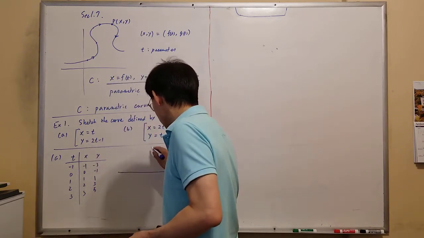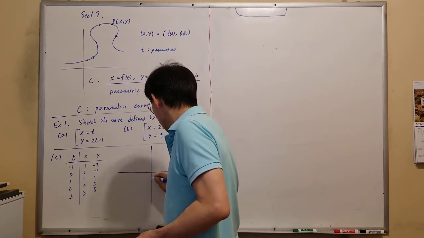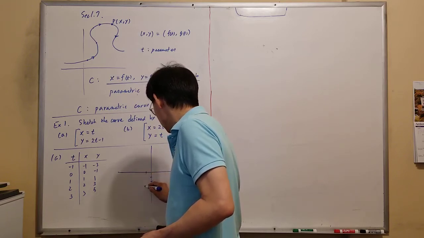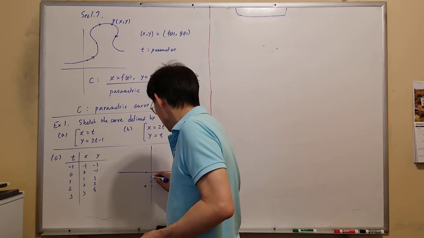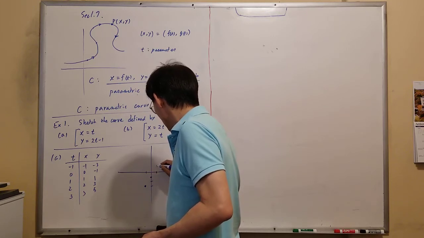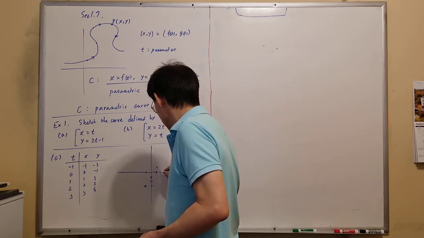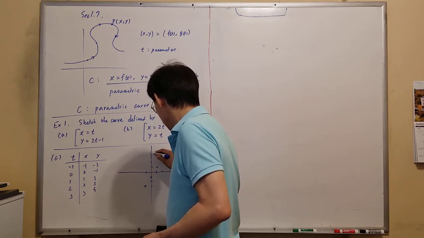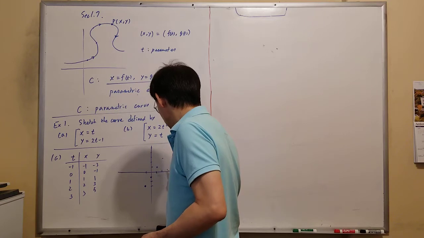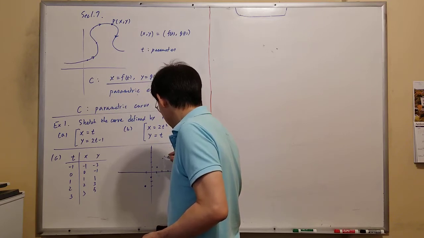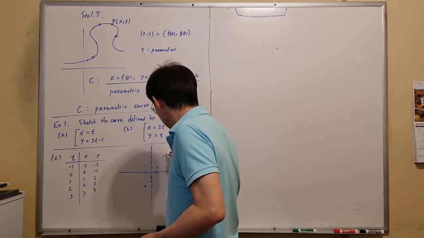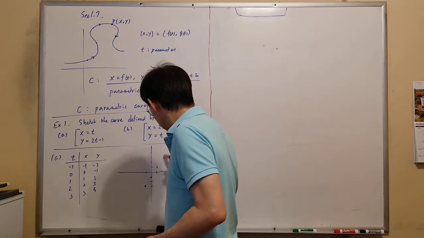So, -1, -3, and 0, -1, and 1, 1, and 2, 3, and 3, 5. Okay.